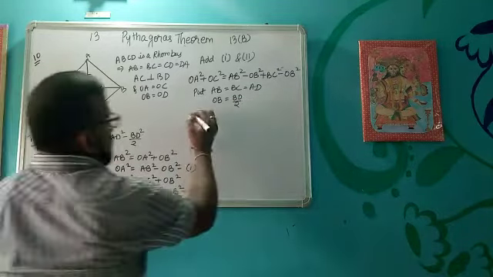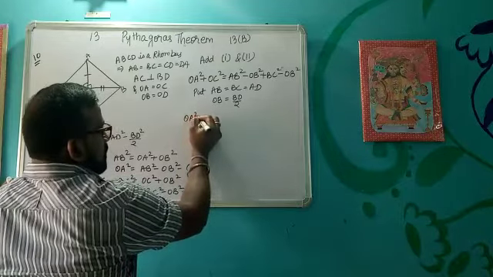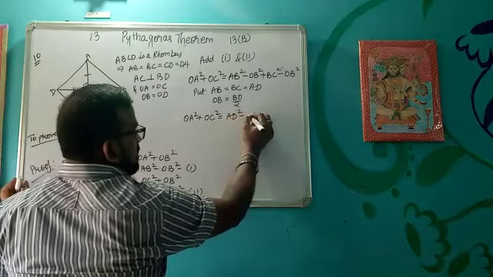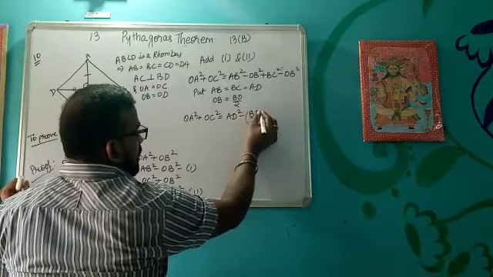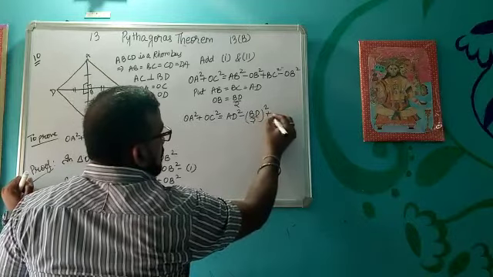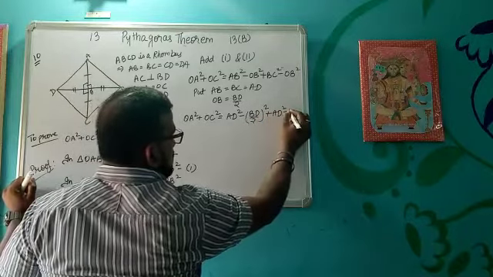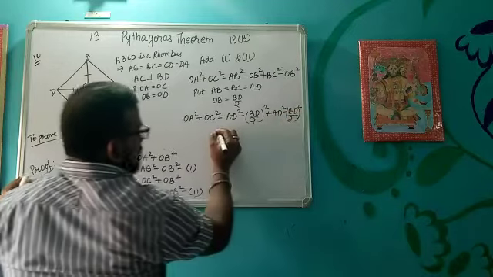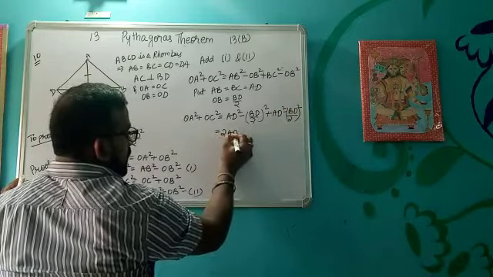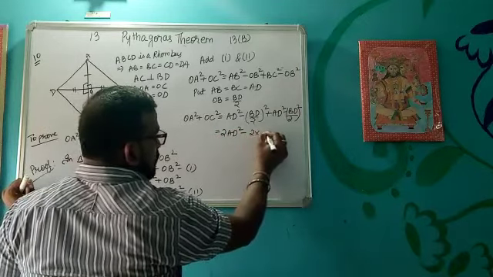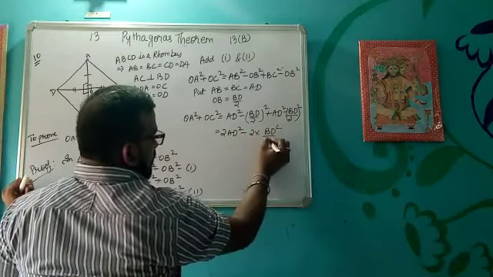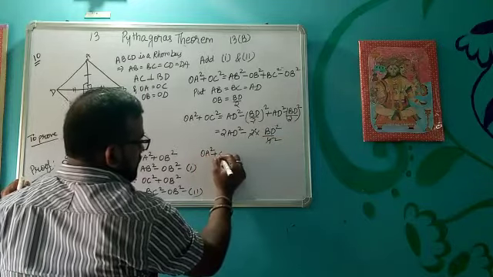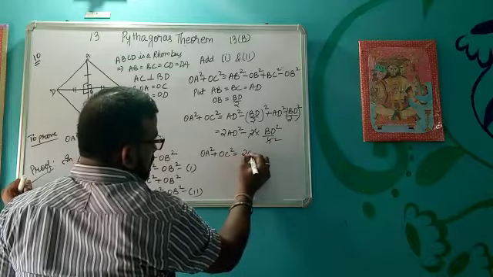So OA square plus OC square is AD square minus BD upon 2 whole square plus AD square minus BD upon 2 whole square. So it will give you twice AD square minus 2 into BD square upon 4, cancel. So finally this is over.